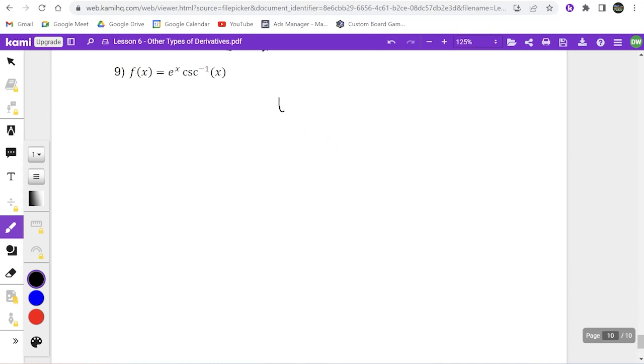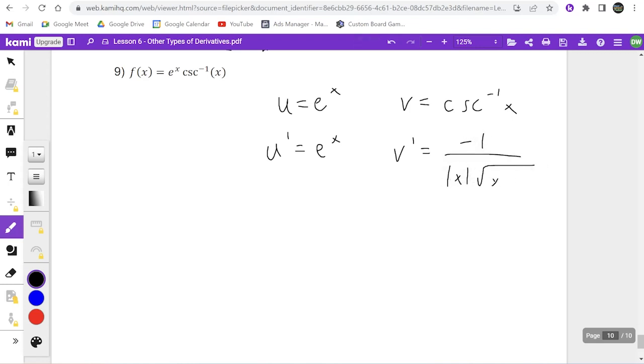So then that means u equals e to the x, and v is the arc cosecant of x. So who knows what u prime will be from the audience? E to the x. Thank you. And who knows what v prime will be? That one you can just look up. Negative 1 over the absolute value of x times the square root of x squared minus 1. Yeah, that's a fun one.